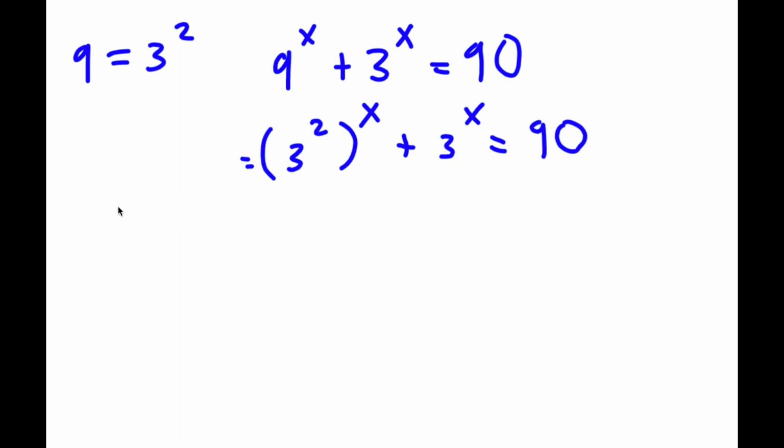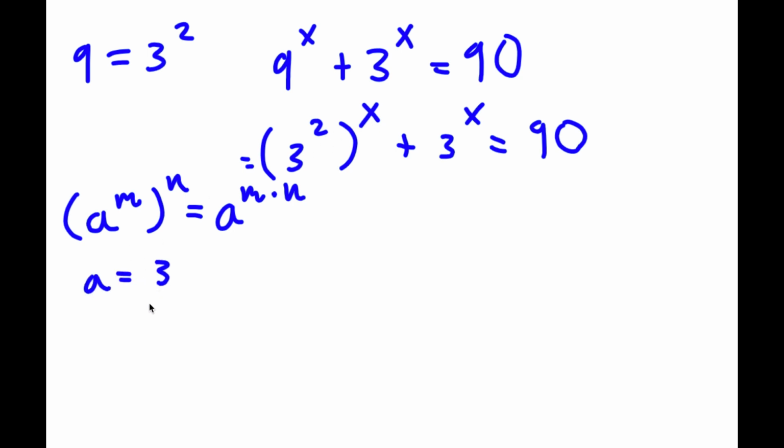Now, an important property of the exponents is that if I have something in the form a to the power of m to the power of n, this is equal to a to the power of m times n. So in this case, we have 3 to the power of 2 to the power of x, and we can think of a as 3, m as 2, and n as x.